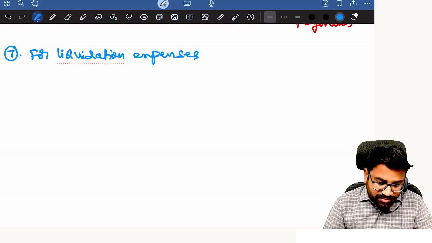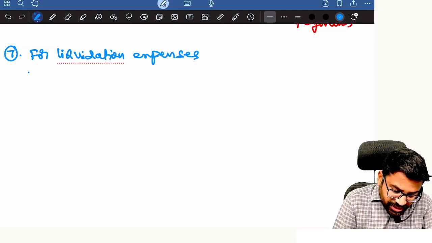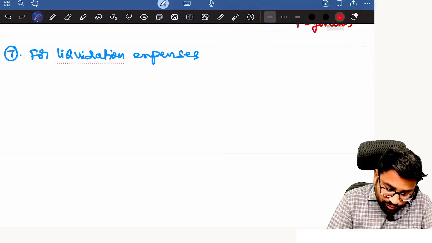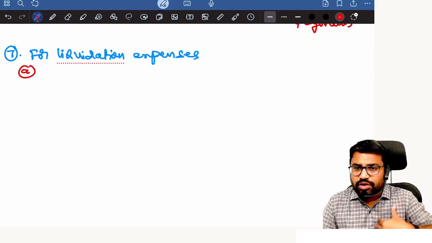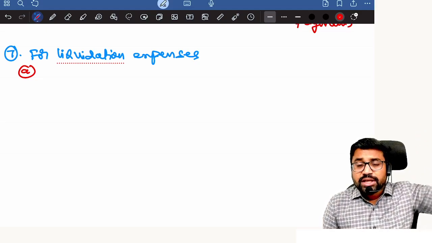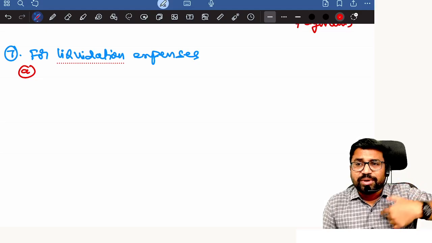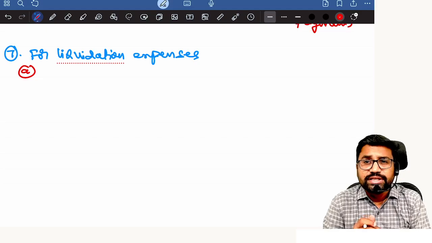So what is the entry we will write? Here there are 3 possibilities. 3 cases may come. One is liquidation expenses incurred by transferor company. Second, liquidation expenses incurred by transferee company. Third, liquidation expenses incurred by transferor reimbursed by transferee company. Important, listen to me.